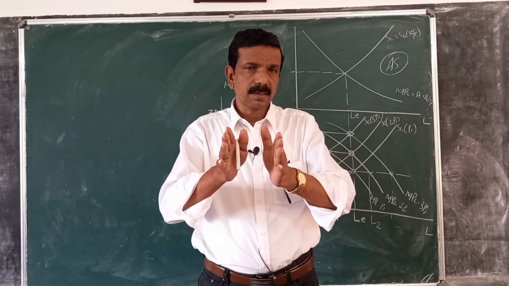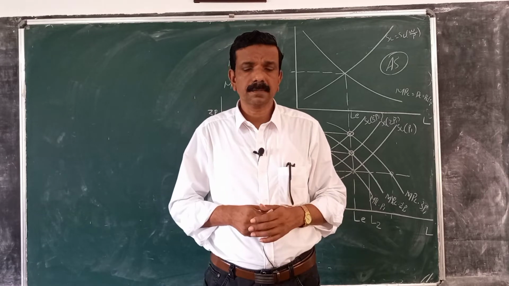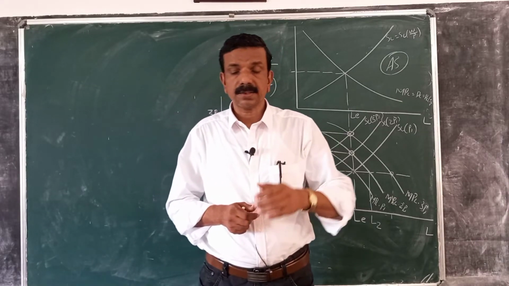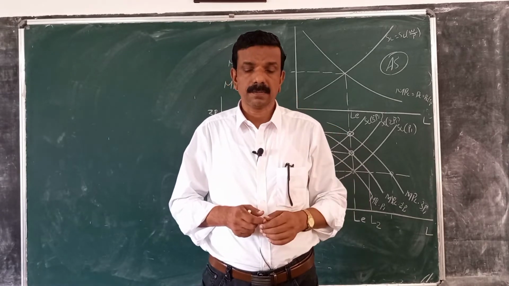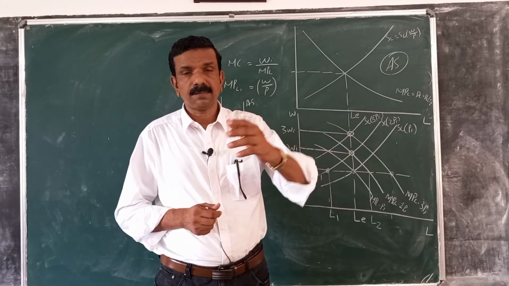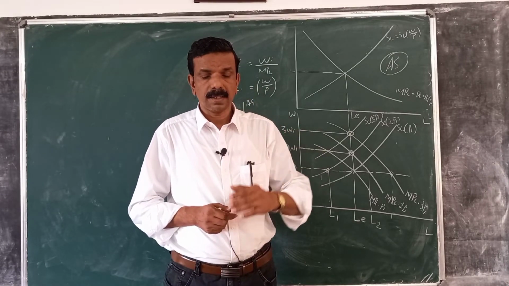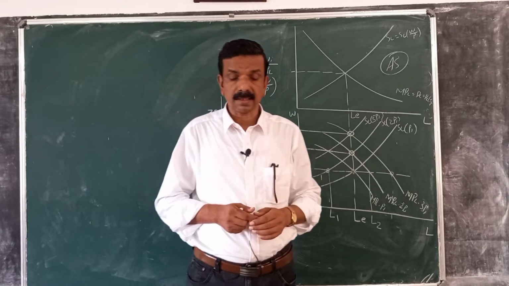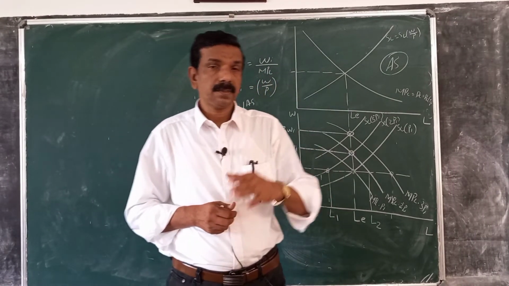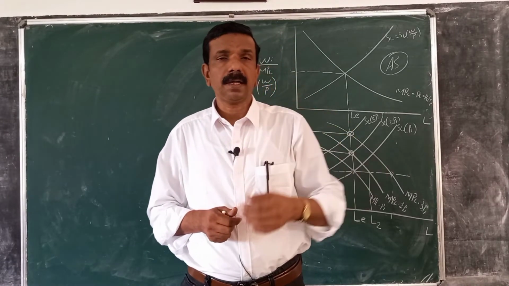Since output, income and employment are supply determined, the level of aggregate demand has no effect on the economy. So factors such as quantity of money, level of government spending, demand for investment goods, etc., are all demand side factors which will not affect the equilibrium level of output and employment.